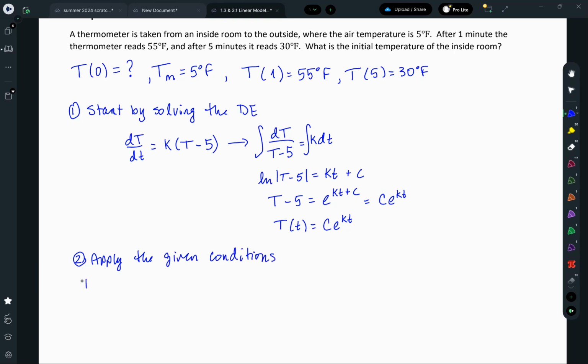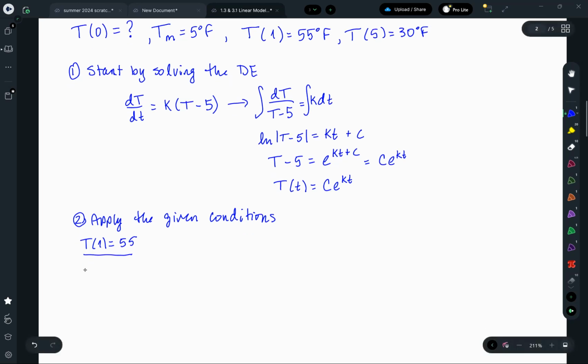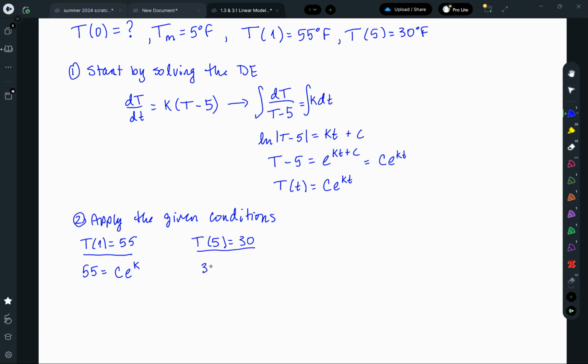So the first condition is that T of 1 is equal to 55 degrees. So that means we get 55 is equal to c e to the k. The second condition is that T of 5 is equal to 30 degrees. So that means we get 30 is equal to c e to the 5k.